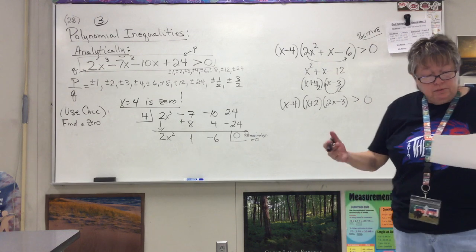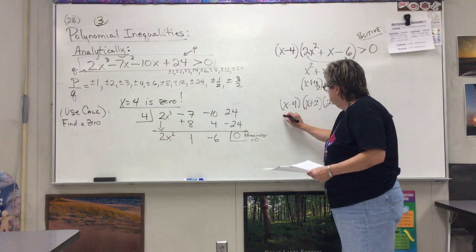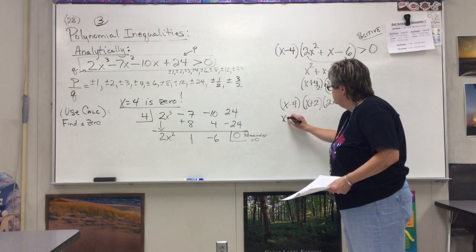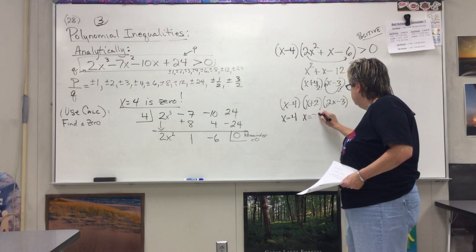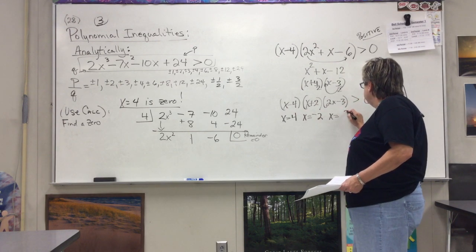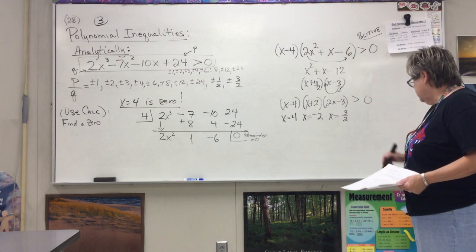Now if we think about this a little further, we can analyze the roots. From x minus 4, the root is 4. We have a negative 2, and we have a positive 3 over 2 for our zeros.